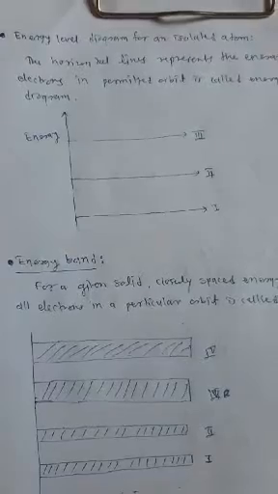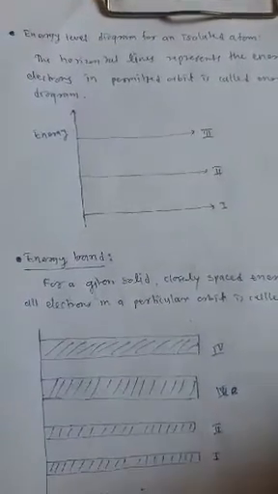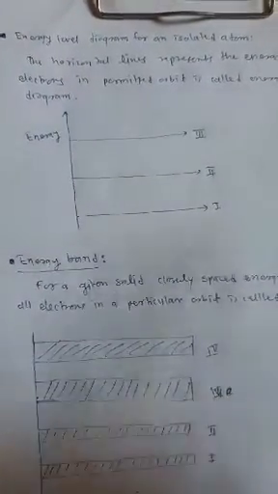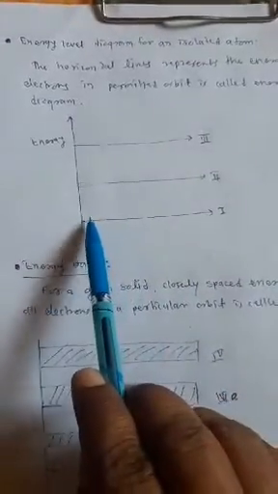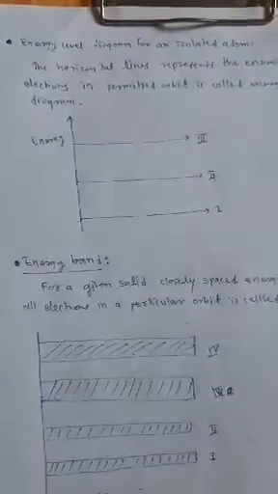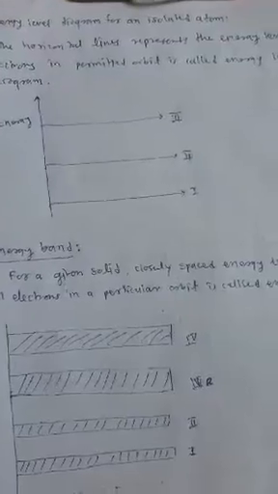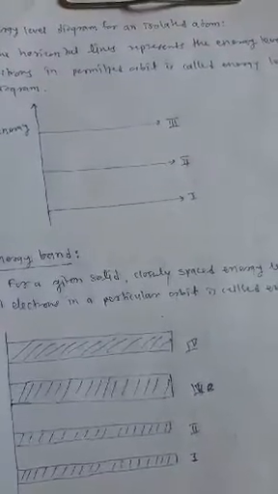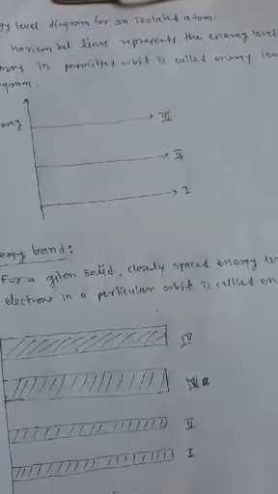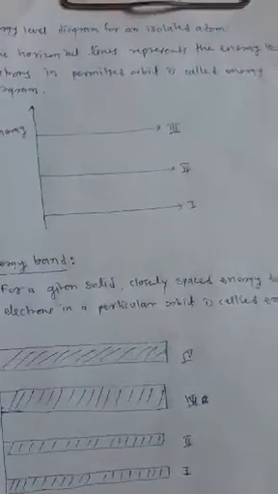Energy level diagram for an isolated atom. We know that electrons are continuously revolving around the nucleus in various permitted orbits or various permitted shells.